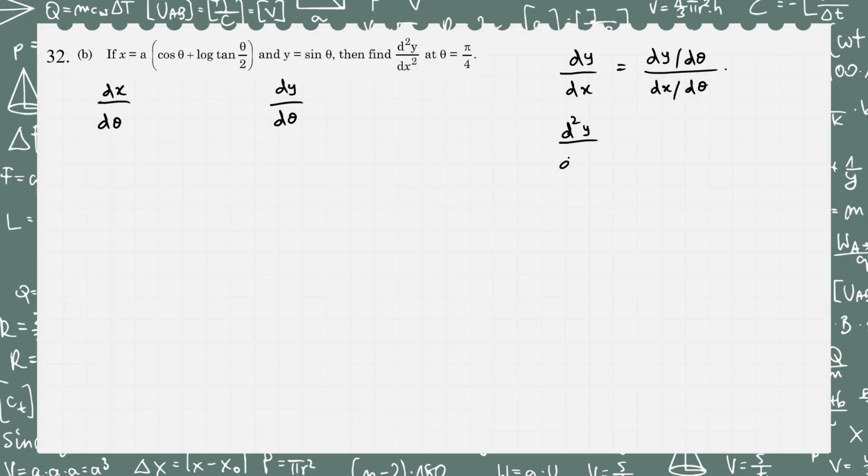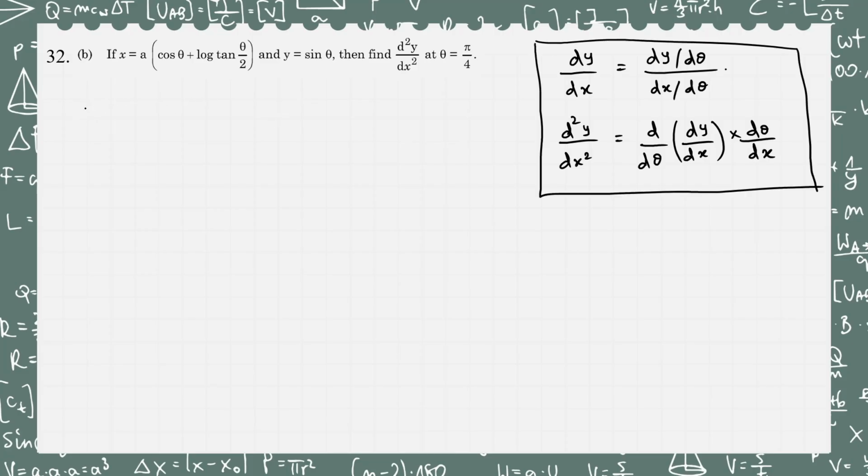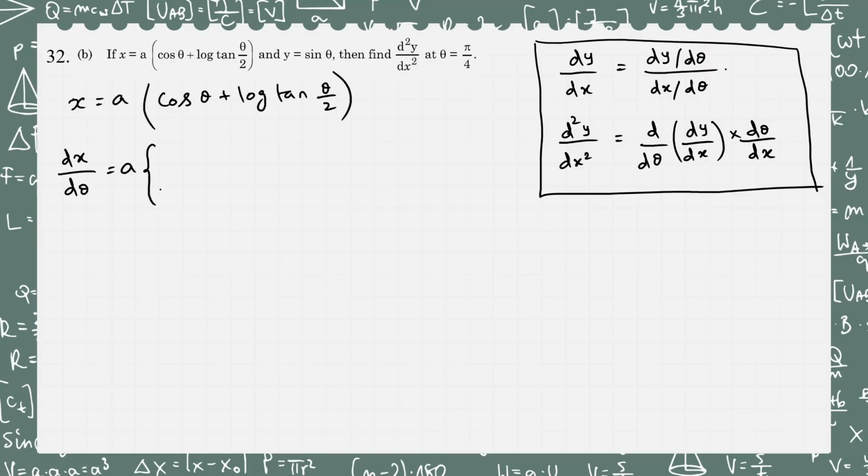and d square y by dx square will be d by d theta of dy by dx into d theta by dx. First of all, let us find out dx by d theta. So taking x equal to a into cos theta plus log tan theta by 2, dx by d theta equals a, a is a constant, it will stay as it is, and the differentiation of cos theta will be minus sin theta, plus log of tan theta by 2.